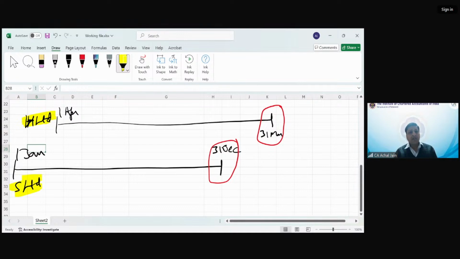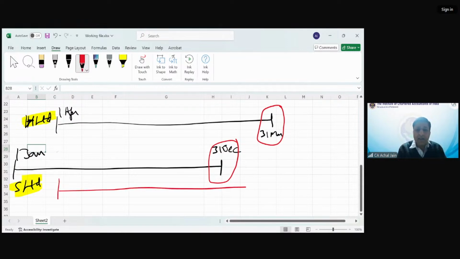Once again, you will have to align them. And how do you align them? You will have to ensure that their reporting years are the same. So for this subsidiary, you should try to get the financial statements for the same reporting year. Only then will the consolidation be possible.